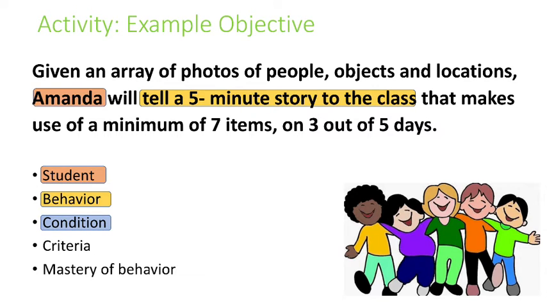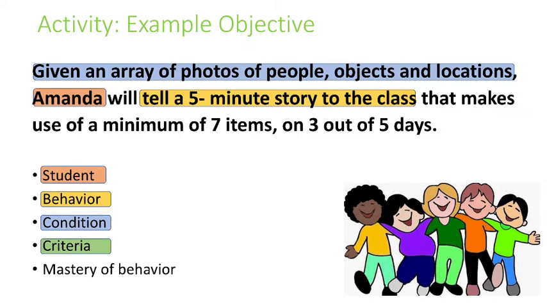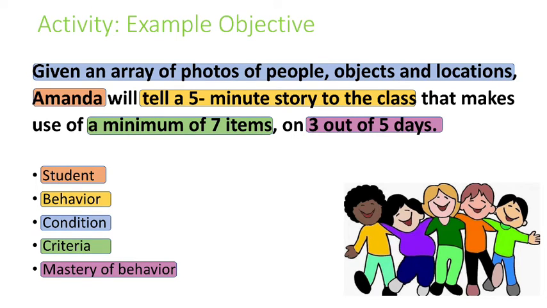Condition in blue goes here: given an array of photos of people, objects, and locations. Criteria in green: a minimum of 7 items, right? And the last element is mastery of behavior, in purple, it goes here: 3 out of 5 days.